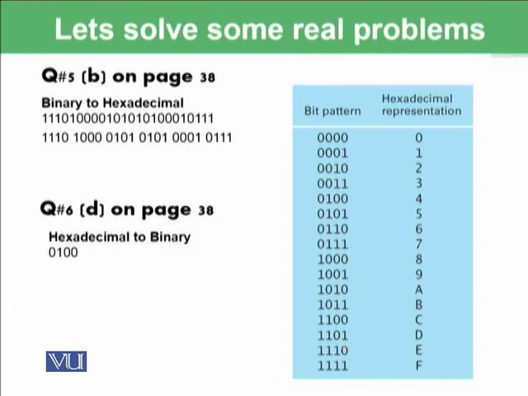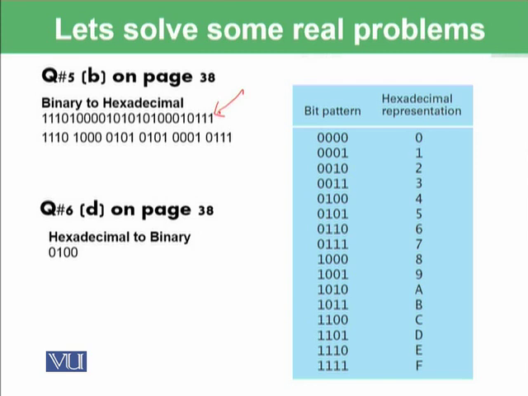So let's have some examples. This is question number 5, B part in your book, page 38. So we have to convert a binary number to hexadecimal notation. So this is a binary and we want to convert it to hexadecimal.